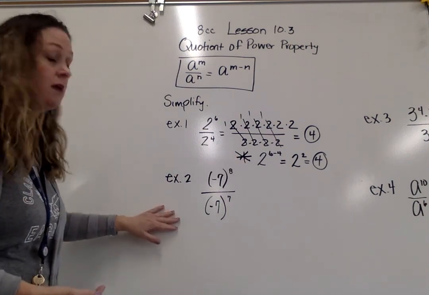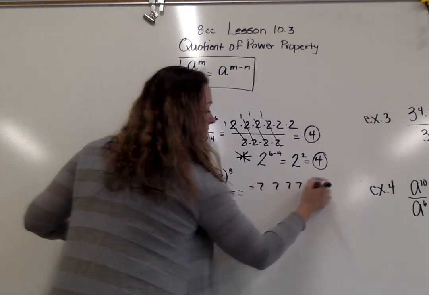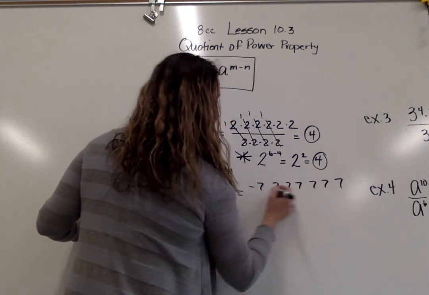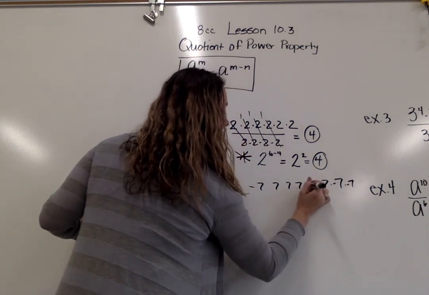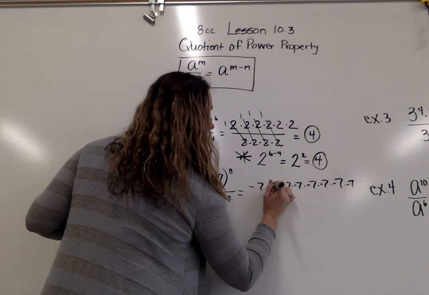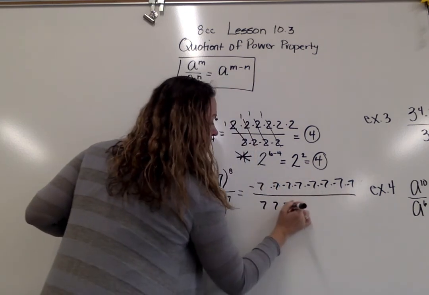We're going to apply that same rule to example 2. I have 8 negative 7's on top, and then I have 7 of them on the bottom.